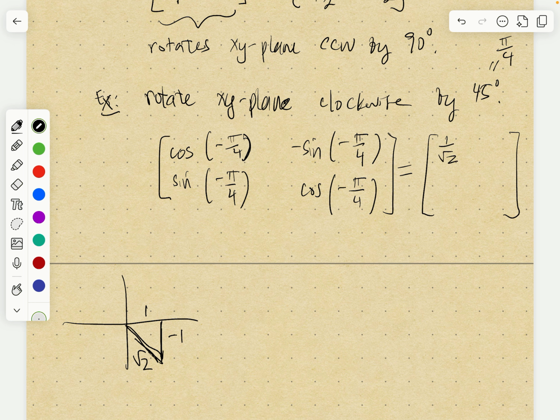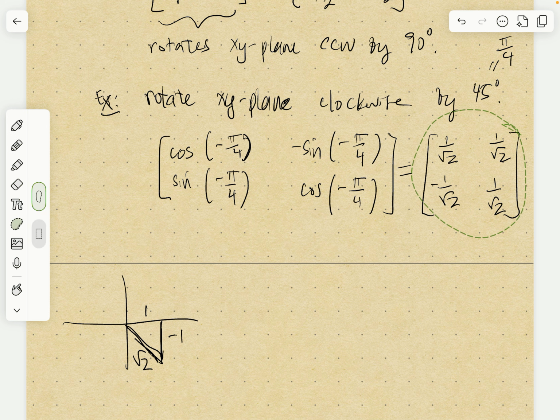Sine is going to be negative 1 over root 2. Negative sine is 1 over root 2, and then cosine is 1 over root 2. So what happens is if you take this matrix and then multiply it by some vector, it's going to rotate that vector clockwise by 45 degrees.